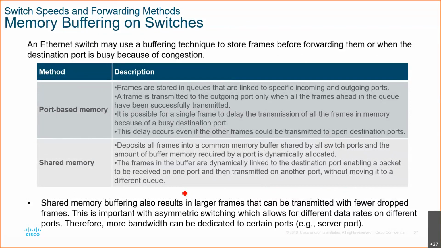In port-based memory, frames are stored in queues, and a frame is transmitted to the outgoing port only when all the frames ahead in the queue have been successfully transmitted. In shared memory, it deposits all the frames into a common memory buffer shared by all the switch ports. So these are the two differences.